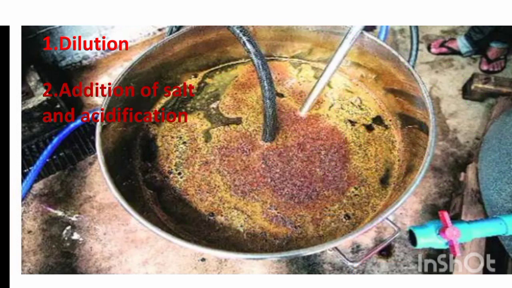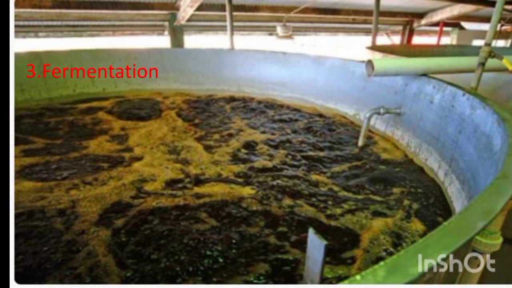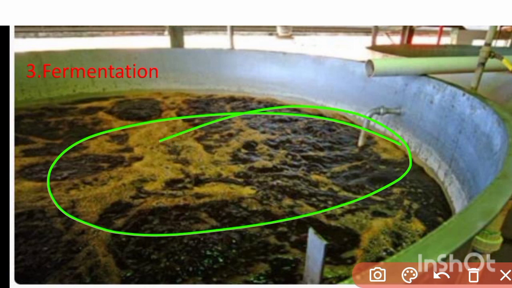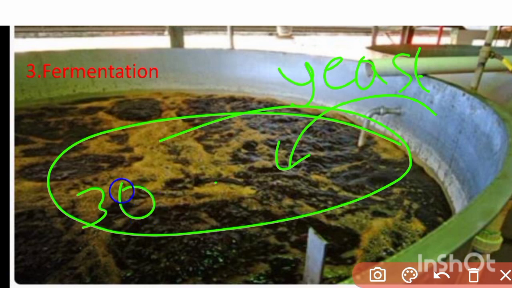Next, the third step is fermentation. The diluted molasses is taken in a large fermentation tank, and to this we add yeast. We maintain the temperature at 30 degrees Celsius for 2 to 3 days.